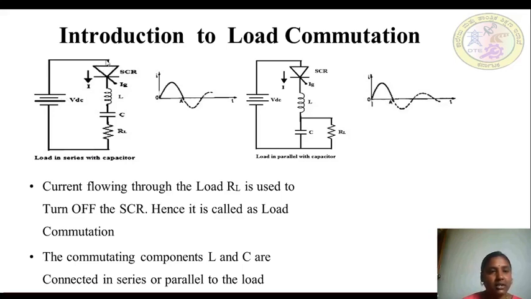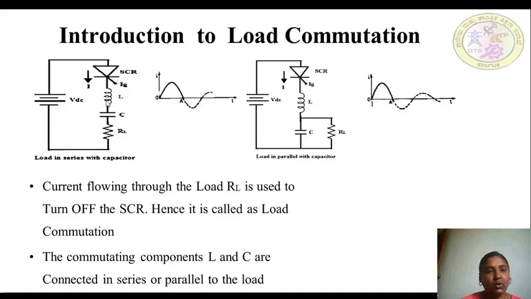The SCR anode is connected to the positive of the supply and the SCR cathode is connected to the inductor L, the inductor is connected to a capacitor, the capacitor is connected in series with the load, and the load is connected back to the DC supply voltage.